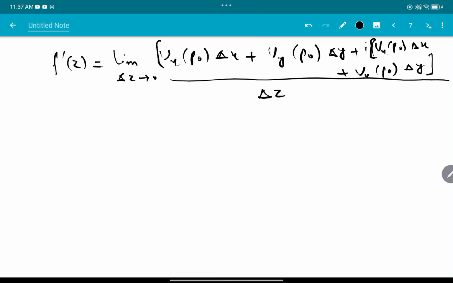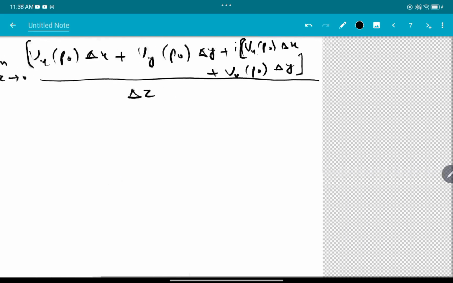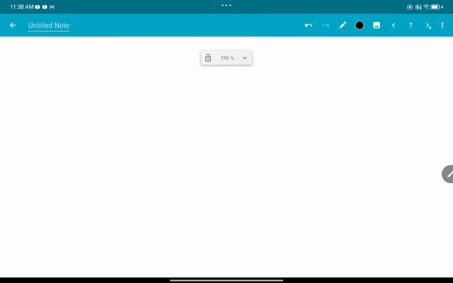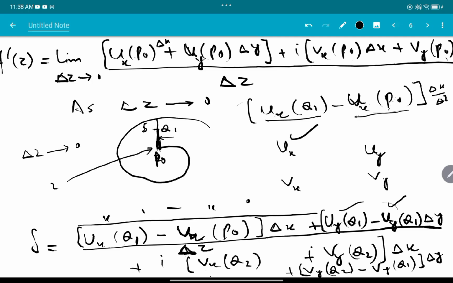And now here I am going to do one more simple thing. Instead of vx, I will use the CR equation. Now the CR equation, here's the rule for CR equations.